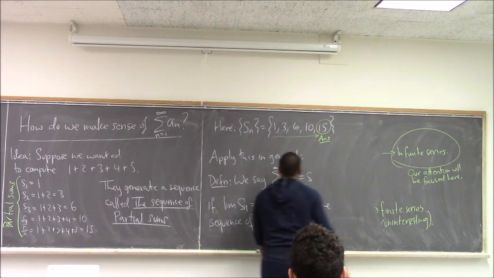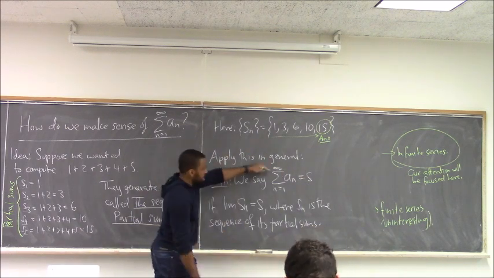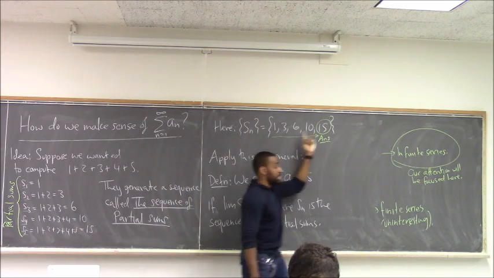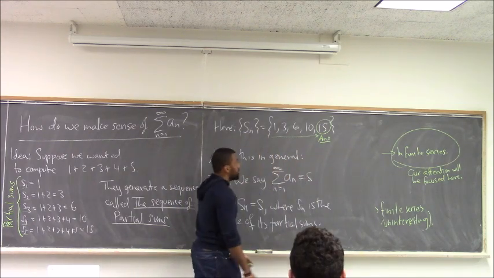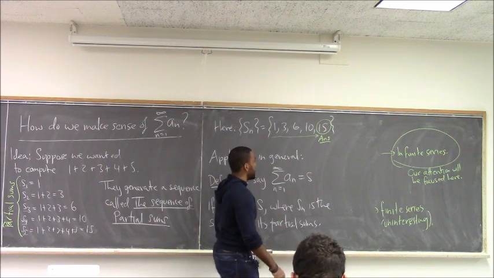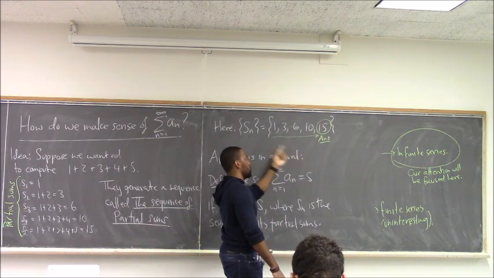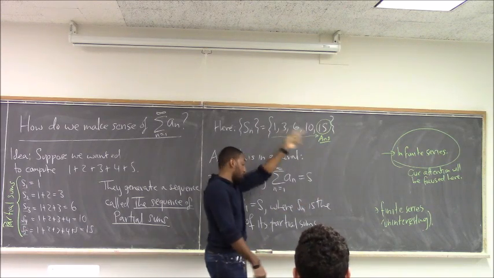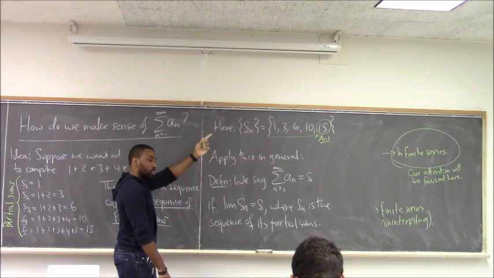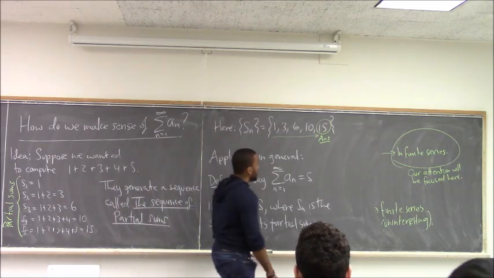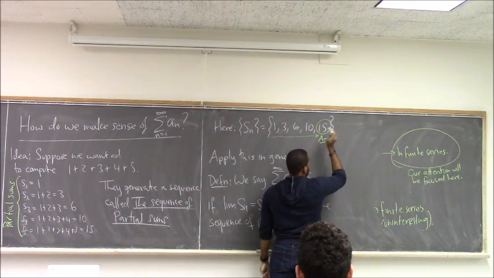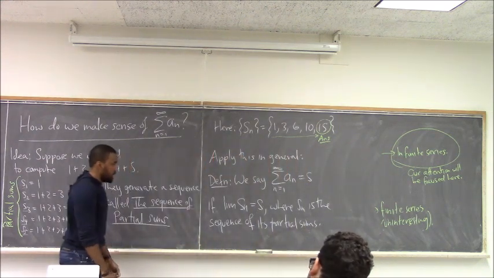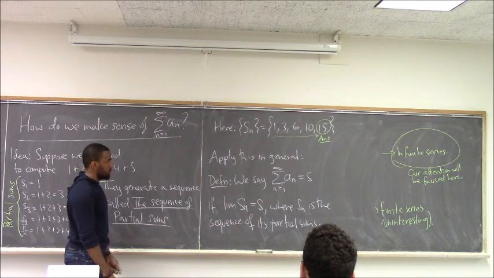So the idea is the following. For an infinite series, the sequence of partial sums is going to generate an infinite list. If the answer to your sum is the last guy, what do you want to do? You go to the last guy. But what does that mean? You just go off to infinity. You just keep going. And the hope is, eventually, the sequence is going to settle. It's going to repeat some number after a while, as far as the limit is concerned. And that's going to be your answer for the sum.